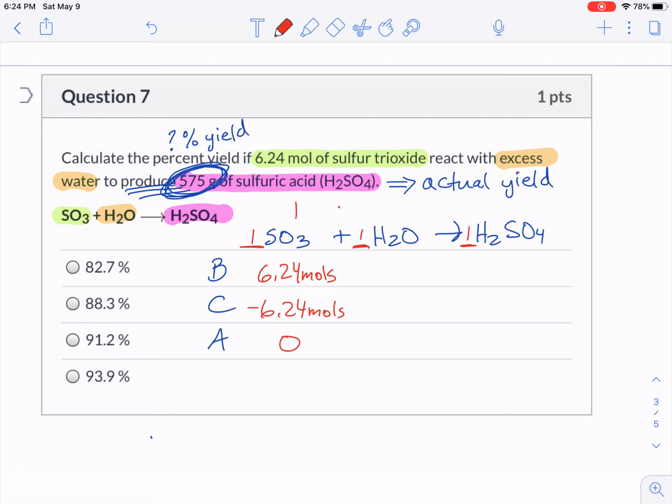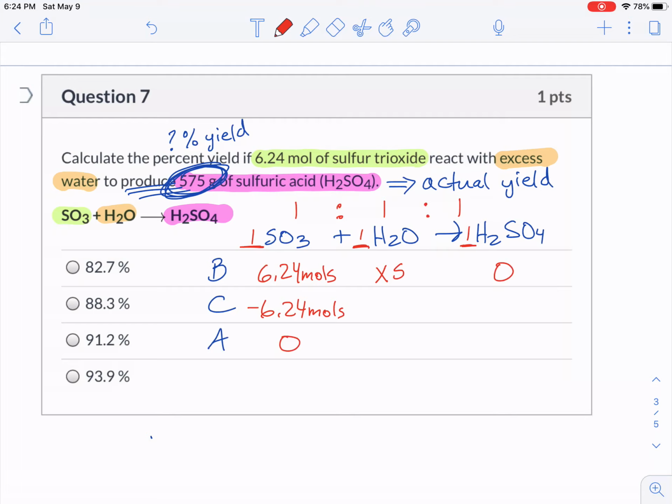So we have here a 1-to-1-to-1 ratio, which is going to make things pretty easy for us. Before the reaction occurs, I've been told I've got an excessive amount of water, and obviously I have no product at the beginning. At the beginning of a reaction, nothing's happened yet, so no product exists.